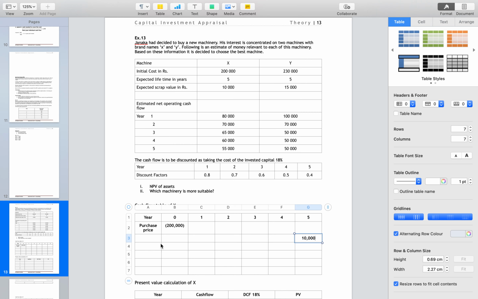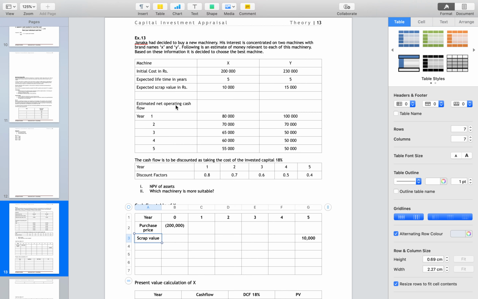Now remember, when you sell the machine, money comes into the business. So I will leave it as positive, and I'll mark over there scrap value. Remember, 200,000 you're buying the machine. Buying normally happens in year 0. This you will get 10,000, but not now, after 5 years. So that's why I'm marking this in the 5th year.